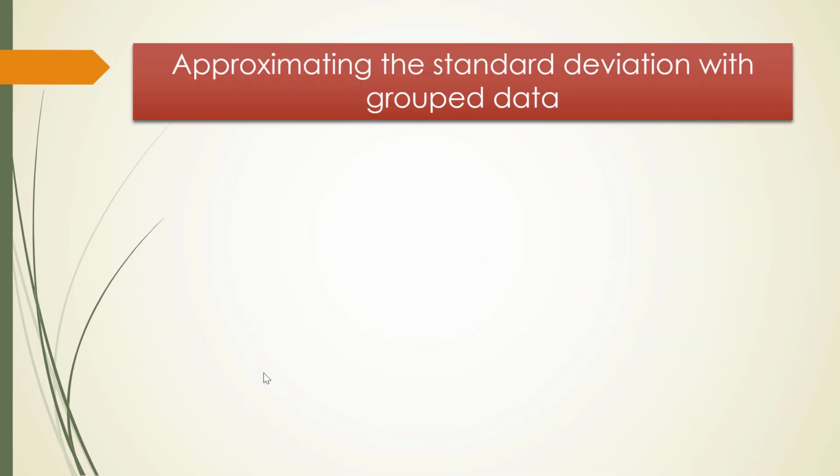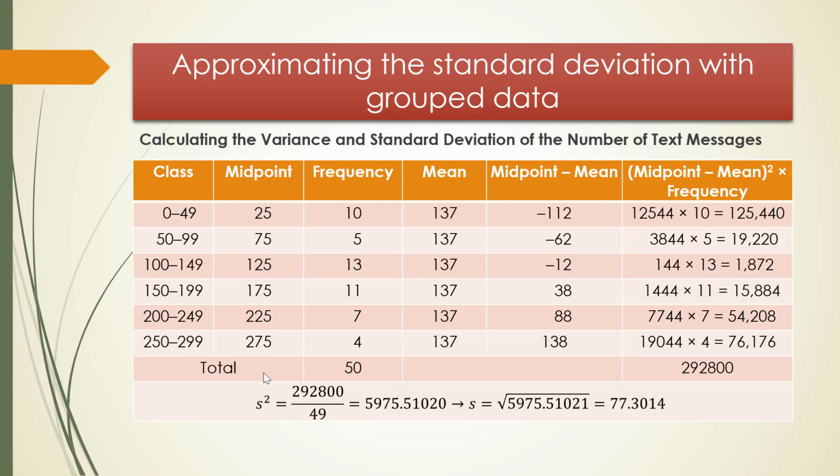So now we are going to approximate the standard deviation with grouped data, because sometimes we do not have access to the raw data, and sometimes it's more convenient to collect a dataset using grouped data. Here's an example. Calculate the variance and the standard deviation for the number of text messages. Here the dataset is collected as grouped data.